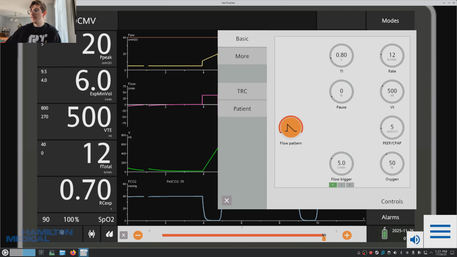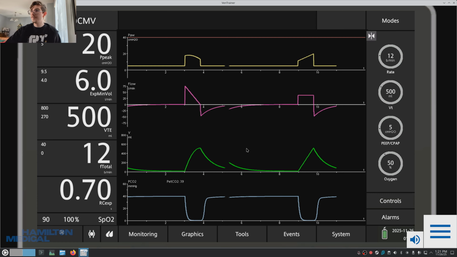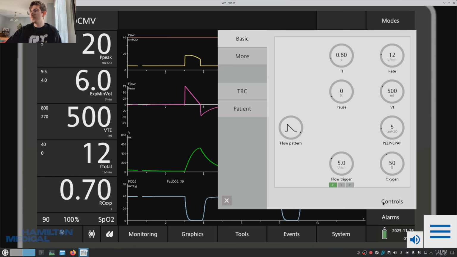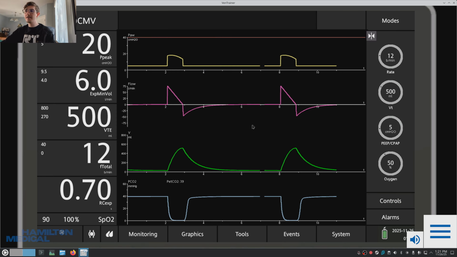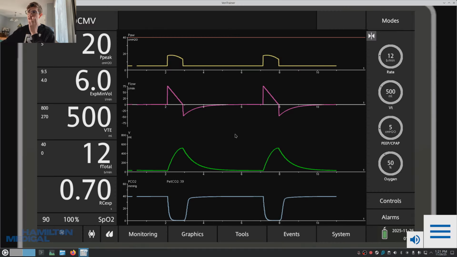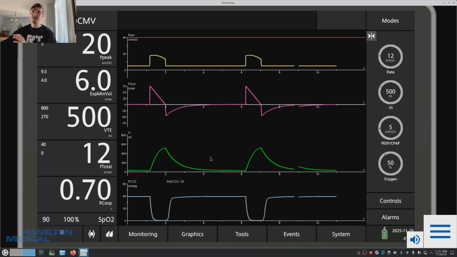Let's go for completely decelerating flow. So, what's going on here now is that the ventilator basically determines, okay, in order to get a volume of 500 with this flow pattern, I'm going to have to do some calculations.